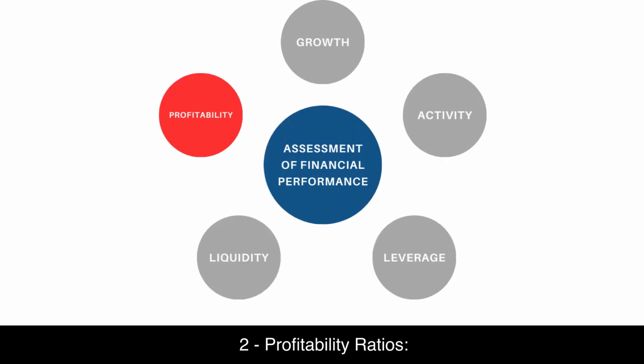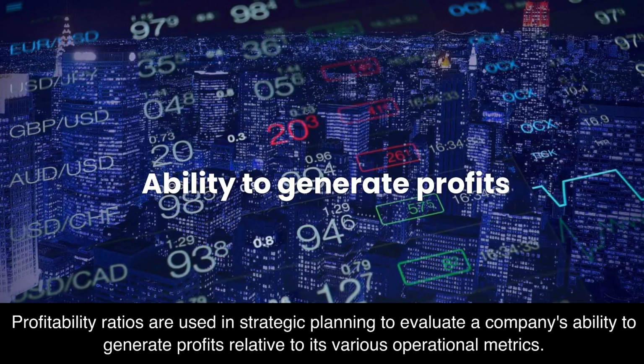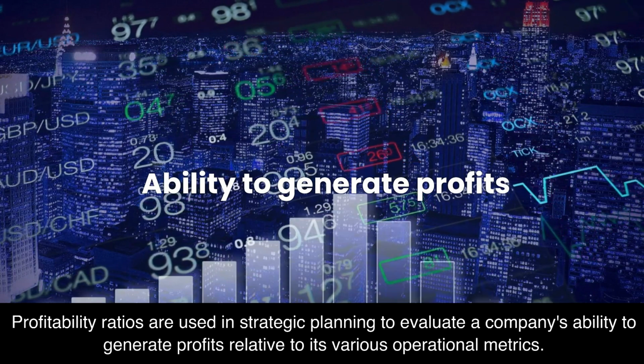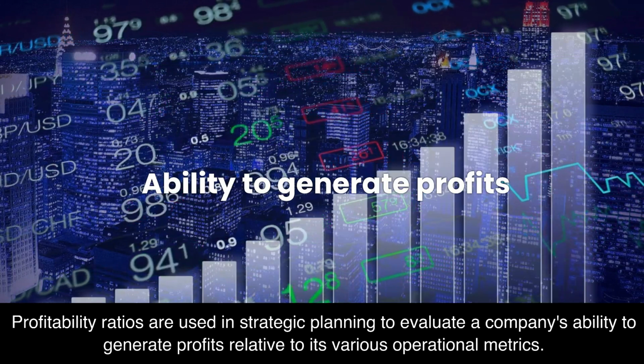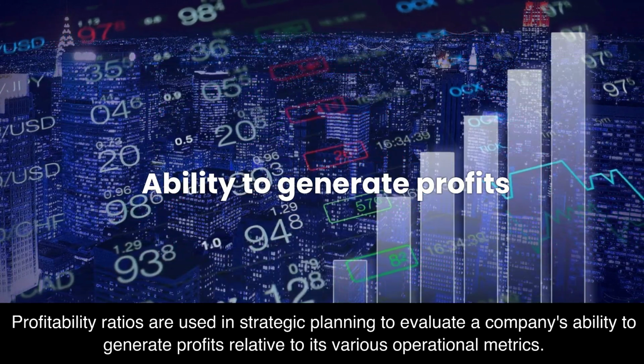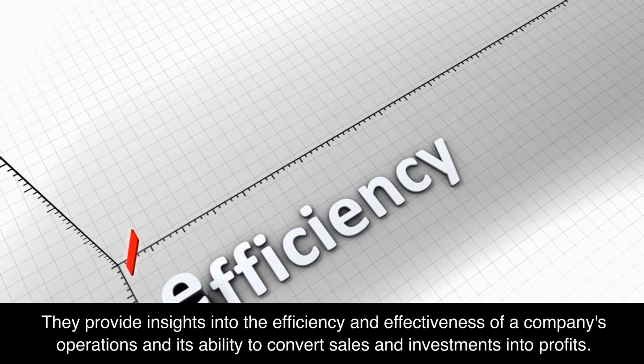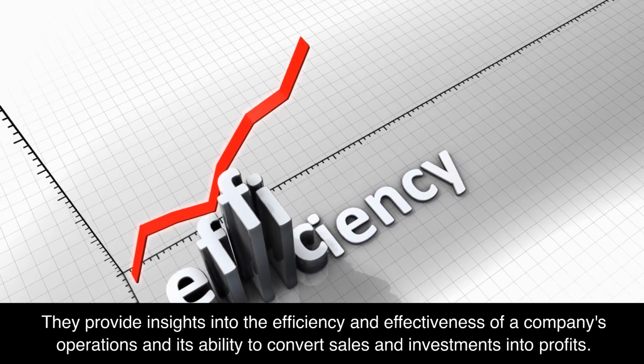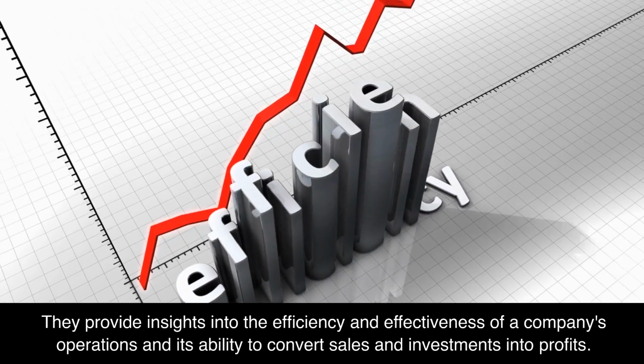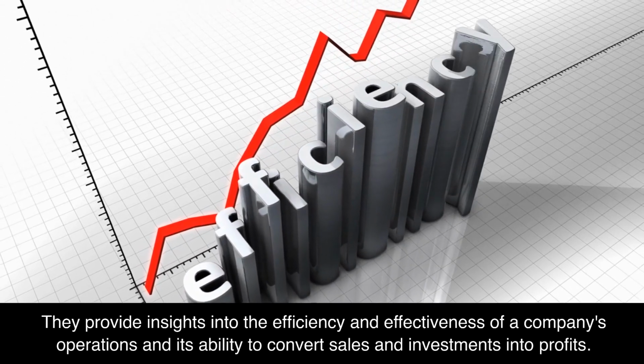2. Profitability ratios. Profitability ratios are used in strategic planning to evaluate a company's ability to generate profits relative to its various operational metrics. They provide insights into the efficiency and effectiveness of a company's operations and its ability to convert sales and investments into profits.